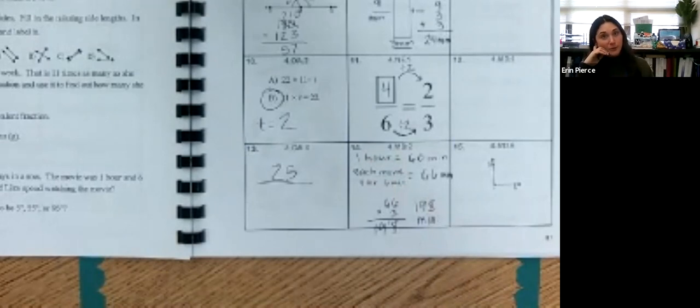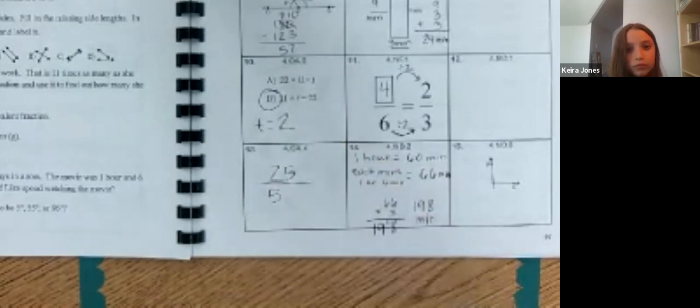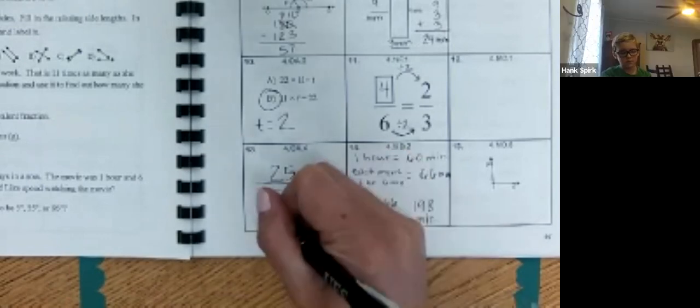Kira. 5. 5 goes with 5, right? So I can just put 5 by itself. What else multiplies to give me 25, Hank? 25 and 1. 25 and 1.